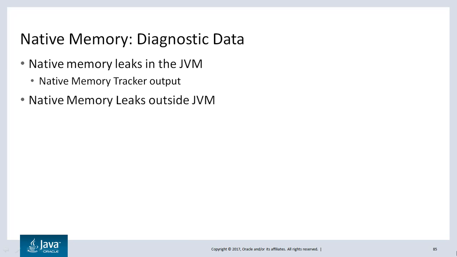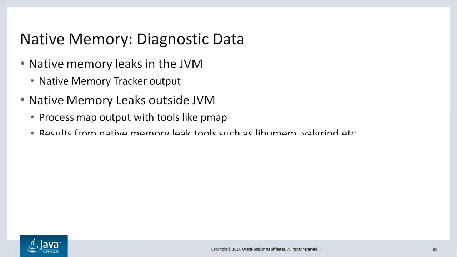For diagnosing outside-JVM memory leaks, we can use process maps from tools like pmap, and results and analysis from native memory leak detection tools such as libumem and valgrind. Analyzing different segments of the core file can also provide useful insights into the usage of native memory.